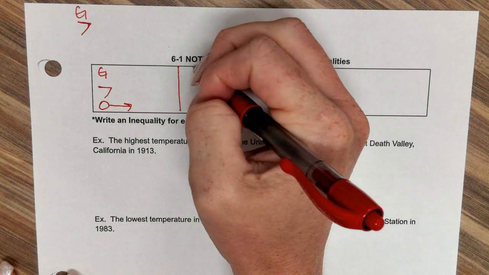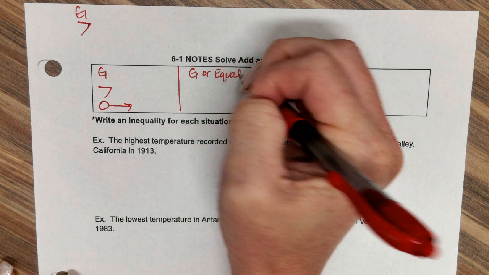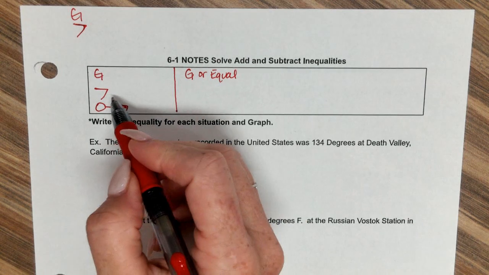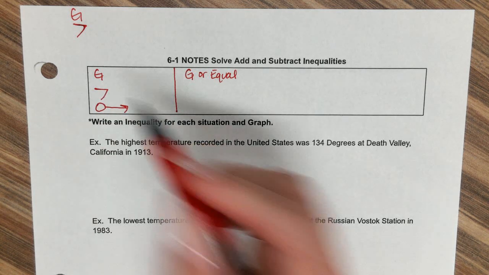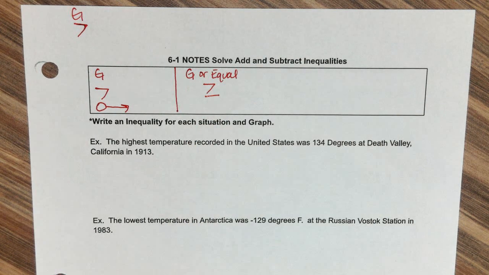Now let's do greater than or equal. How would I graph greater than or equal? First of all, how would the inequality sign look? Greater than sign, and then a line under it, greater than or equal.